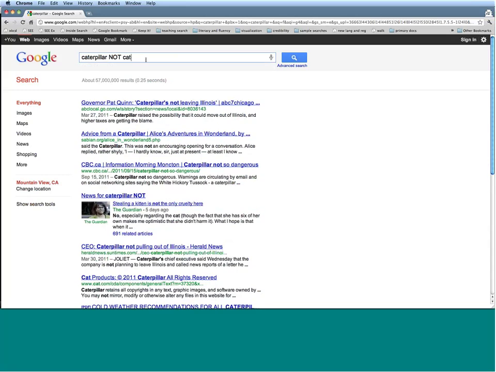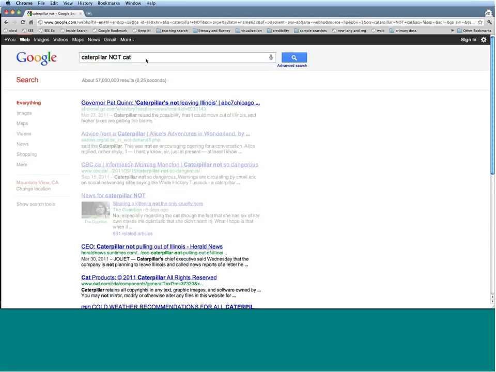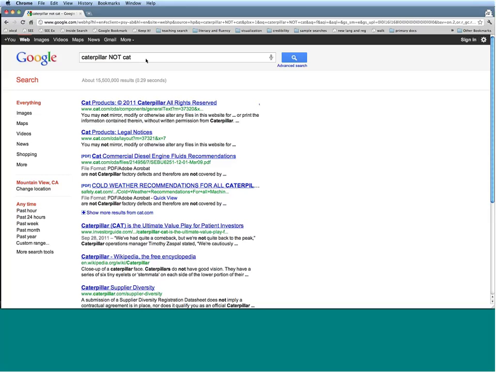So often in our databases, we use not in capital letters to say that we don't want the word cat. Here, if you look at the results, you'll see that didn't actually work. And in fact, you'll see that not is bold-faced in the results. When a word is bold-faced in the results, that indicates that it's being used as a search term.